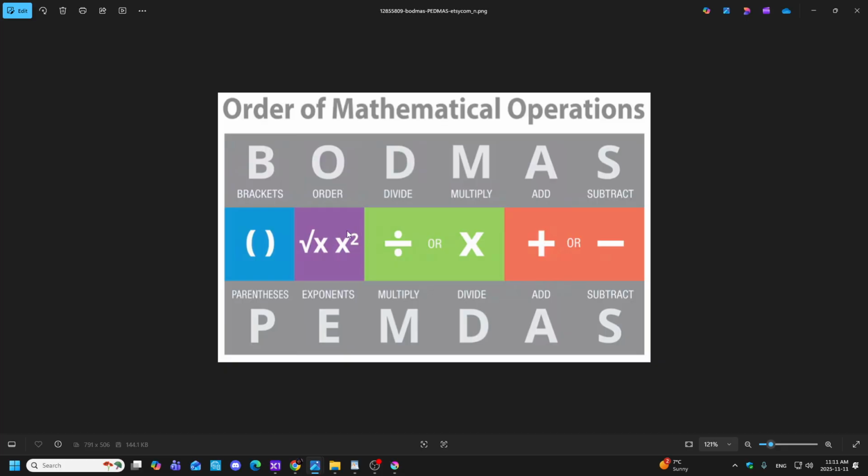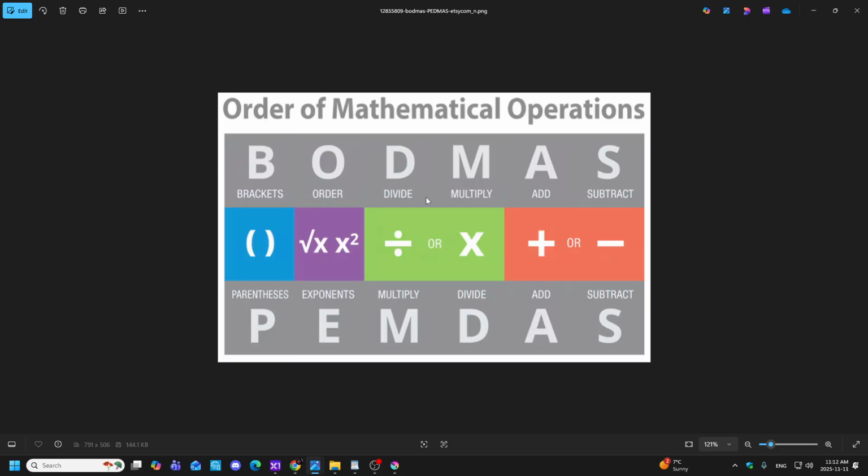Exponents, of course, that is an exponent. They added this O in for order, so essentially if you have any square roots, for example, radicals is another name for them, you would do those as well. Once you've completed that, then you work into getting any division multiplication done.